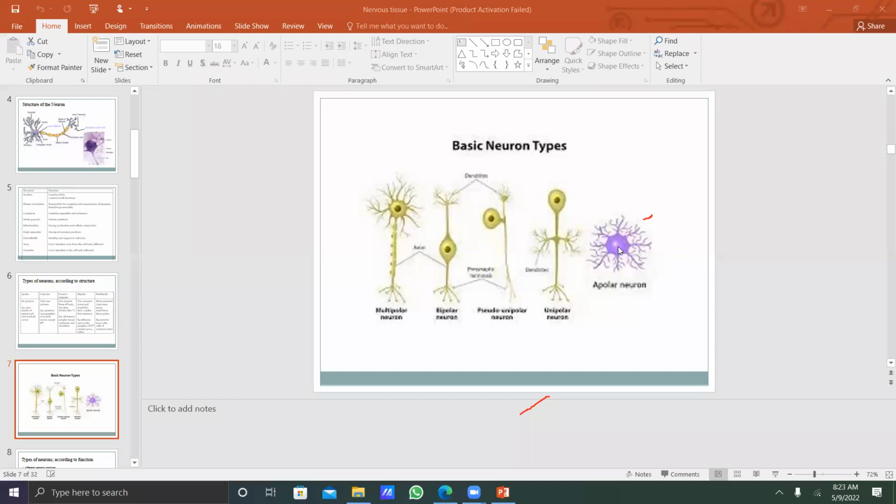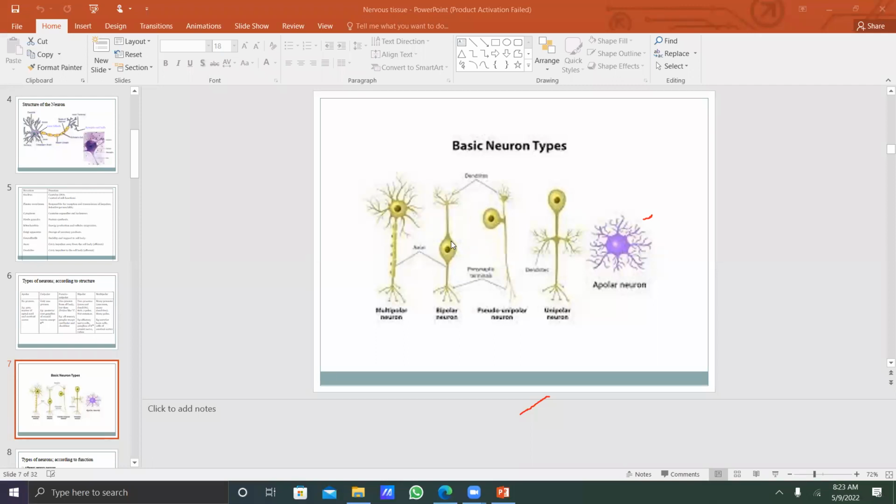Apolar means there is no pole. That means all the processes are similar. The unipolar one has the cell body in one corner and one axon starts from a side of the cell.